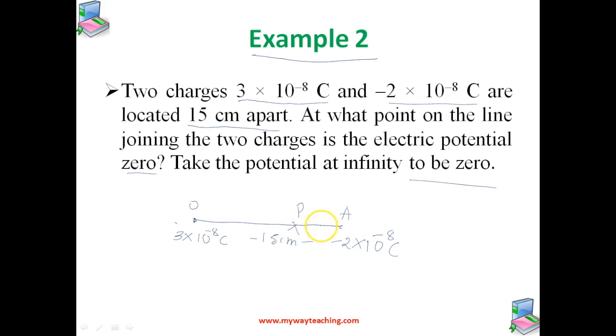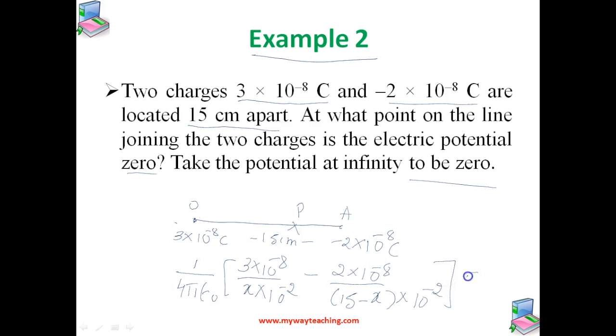If x lies between O and A, then we can write potential as 1 by 4 pi epsilon naught times 3 into 10 raised to minus 8 by x into 10 raised to minus 2, plus minus 2 into 10 raised to minus 8 by this distance, which must be 15 minus x, where x is the point that we are considering where potential is 0.